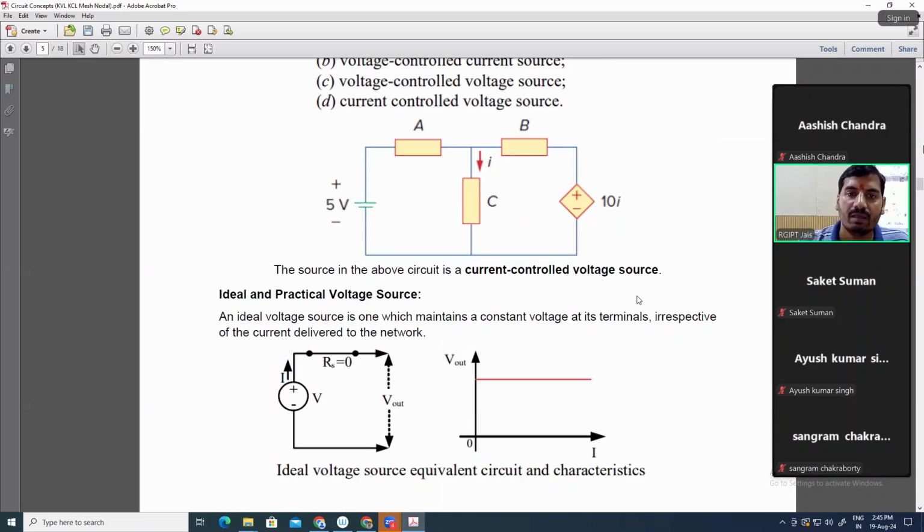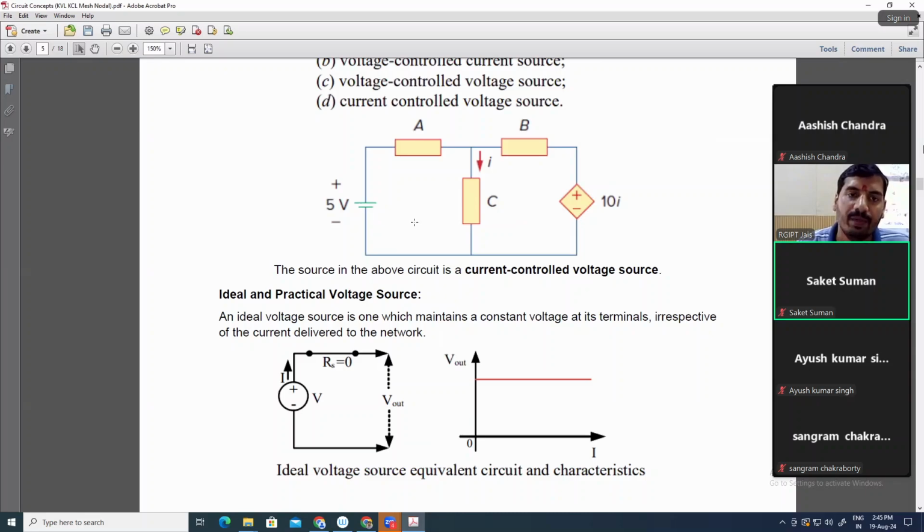So in this circuit, the source in the above circuit is a current controlled voltage source. You can see this 5 volt, is it a dependent source or an independent source?